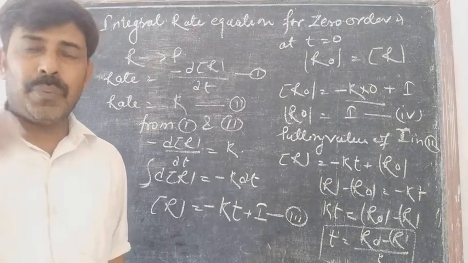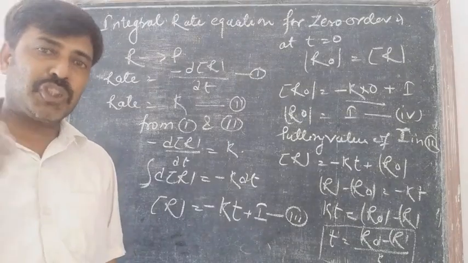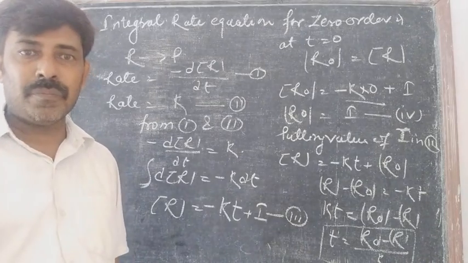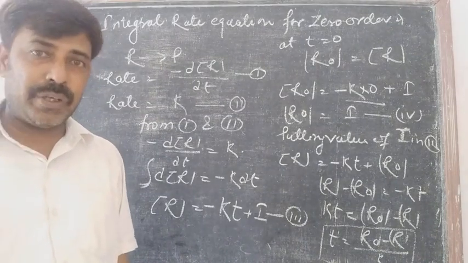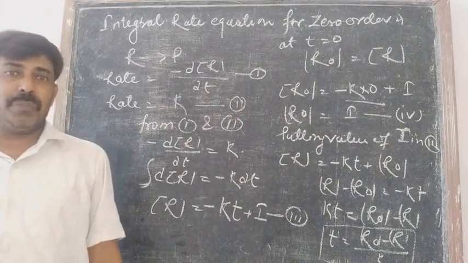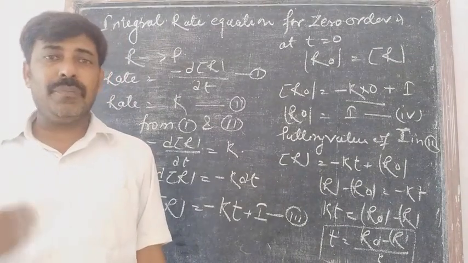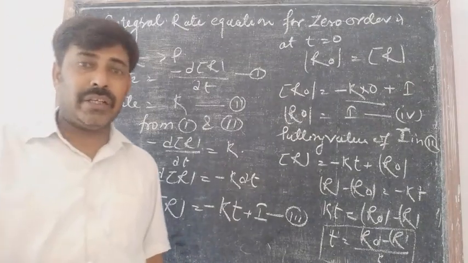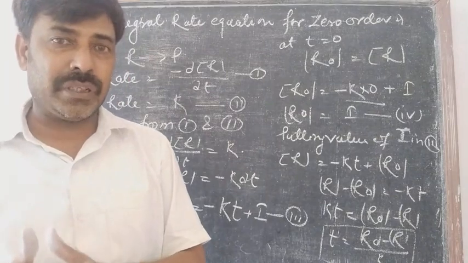That means if you take 1 mole of substance initially, then after a specific period of time the 1 mole will reduce to half mole, or half mole will be reduced to 1/4, 1/4 will be reduced to 1/8. The time in which 1 mole becomes half mole, or half mole becomes 1/4, or 1/4 becomes 1/8, that time is called the half life time period for any specific reaction.